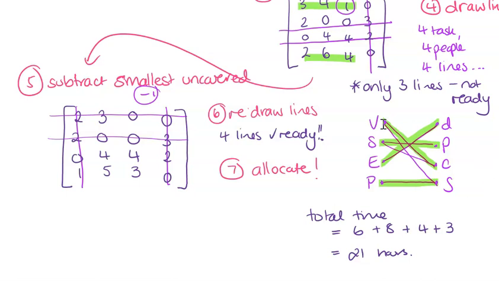Now, a different way, rather than using the bipartite graph of allocating, is to use the final matrix you end up with. Remember I said a 0 is the equivalent of one of these connections. So the way I would allocate from this final matrix is a very similar way.